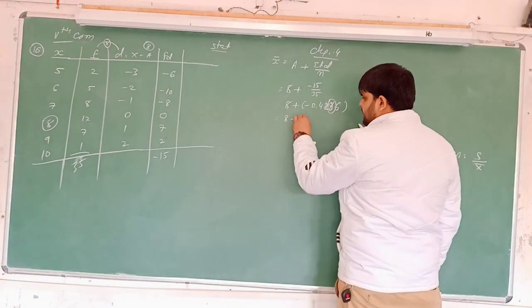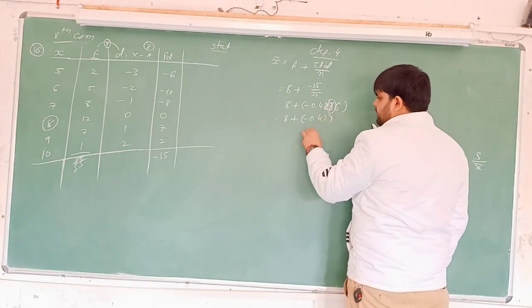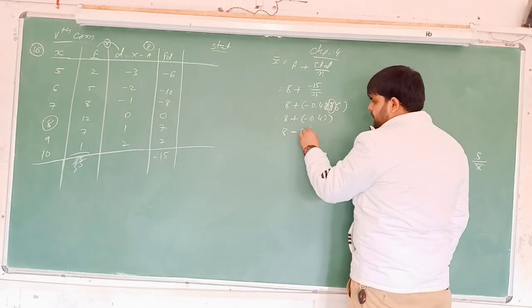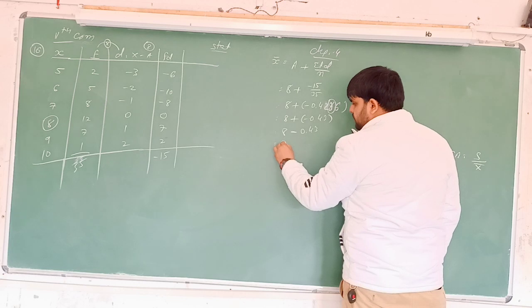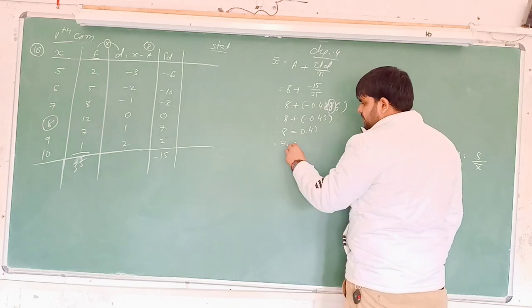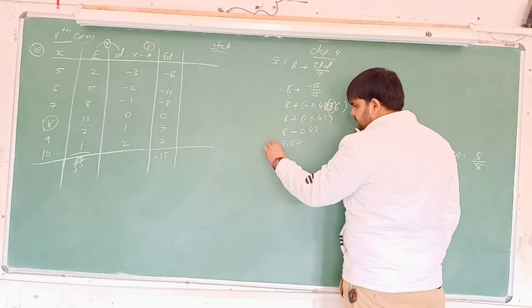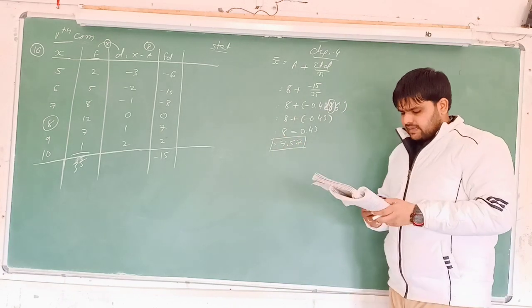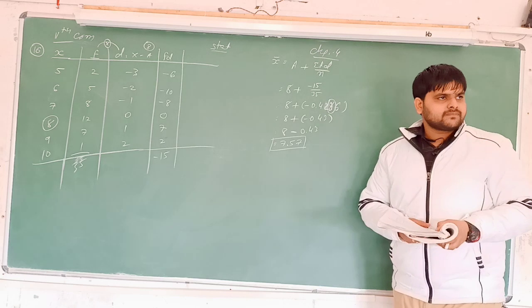So 8 plus minus 0.43, that is 8 minus 0.43, which is 7.57. Okay. So this is the answer of X bar.